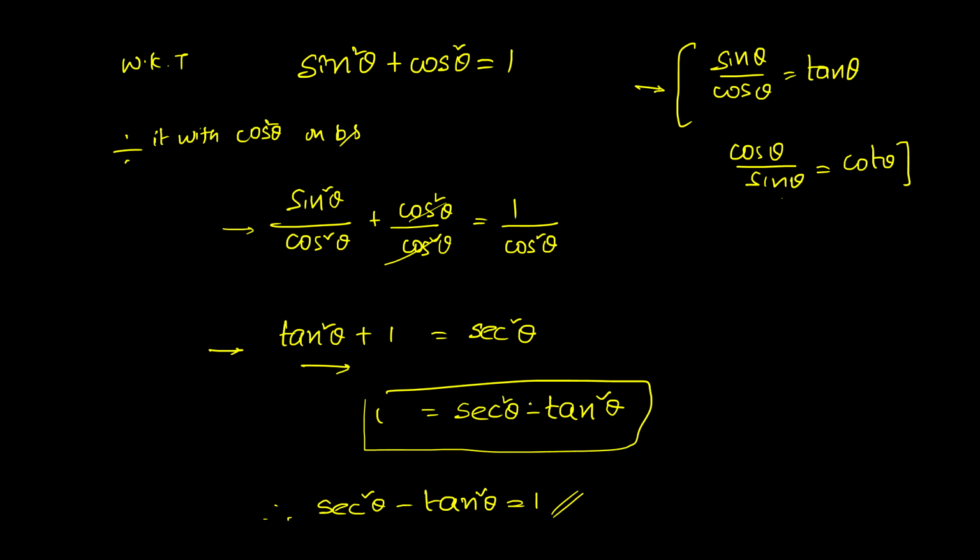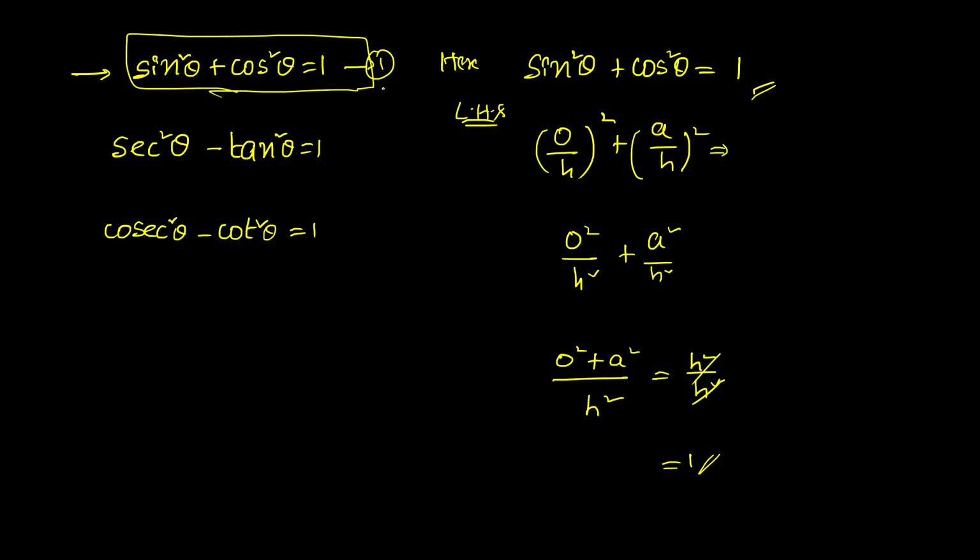Once you get the first identity, it is very easy to prove the second and third identities by simply dividing it with cos square theta once and sin square theta once. Now let us get back to the three identities.